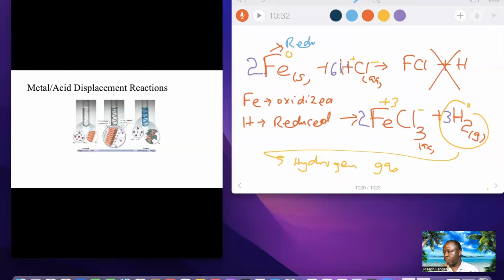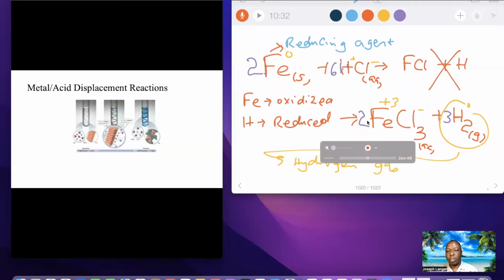Reducing agent. That means it's doing the reduction, it is donating the electron. How do you know that it has donated electron? It has moved from neutral 0 to +3. Remember, when something loses electrons, it becomes more positive. It has lost 3 electrons, and of course 2 irons will give a total of 6 electrons.